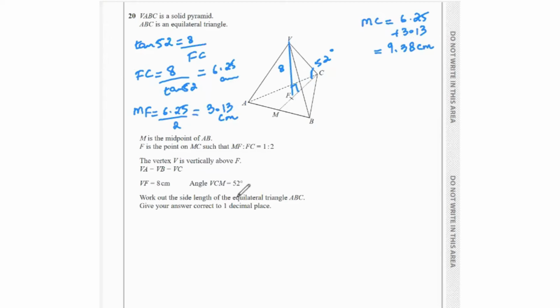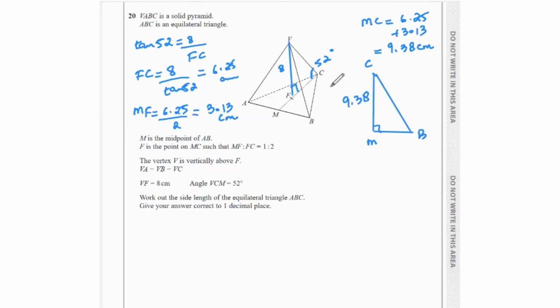Okay. Then it said that we have to find the length of ABC. So this is what we have to find. M is the midpoint of AB. So what if we use this triangle to figure out the length? If we highlight the triangle CMB, we know MC is 9.38.